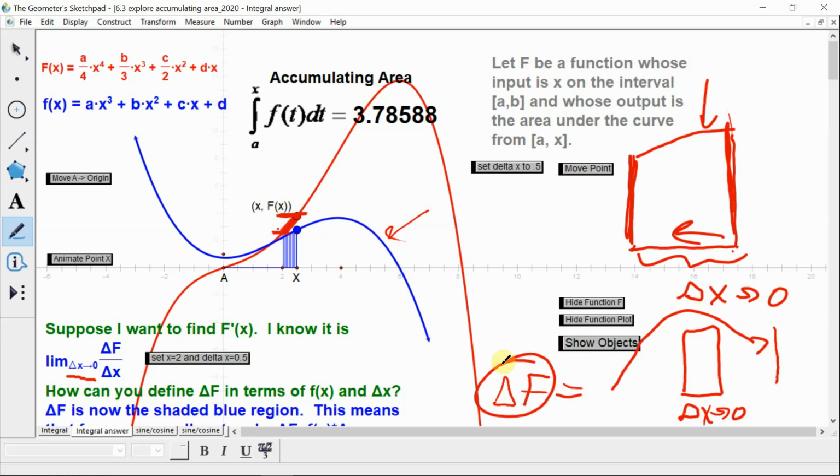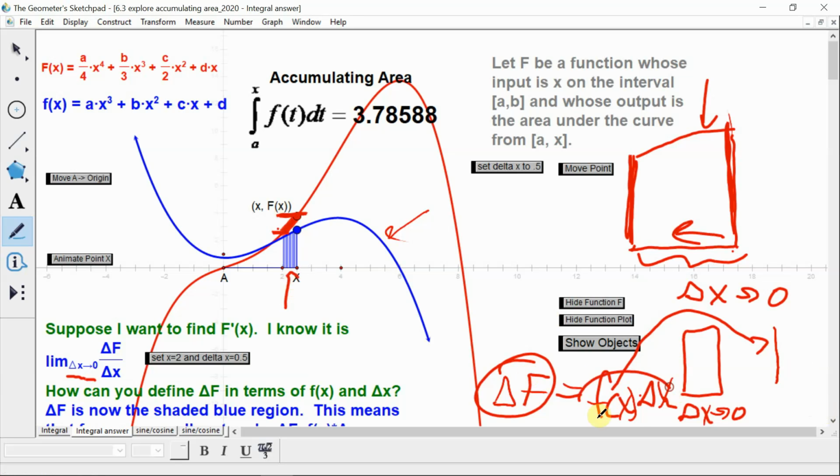So really, delta capital F is just f of x times delta x. Okay, if that's true, which it is, because my change in height here should correspond to the area that I'm adding, and if my delta x again is going to 0, then the area I'm adding is really this rectangle, f of x times delta x.